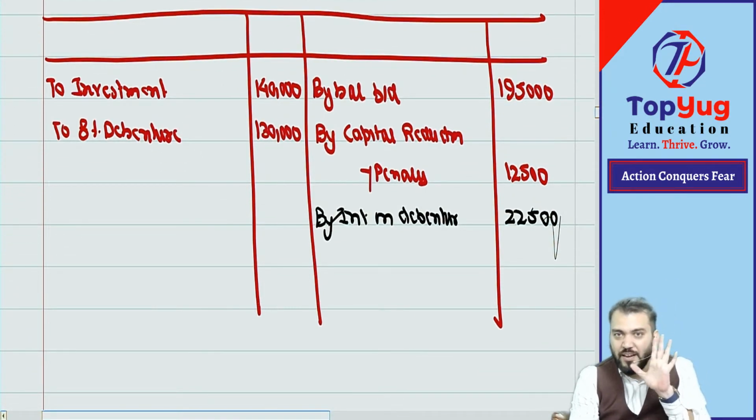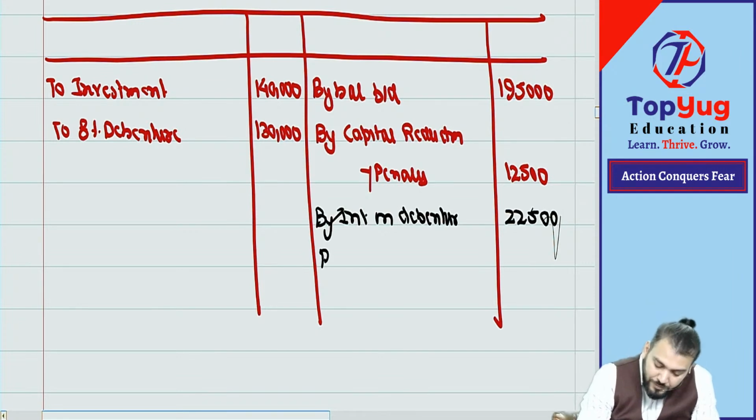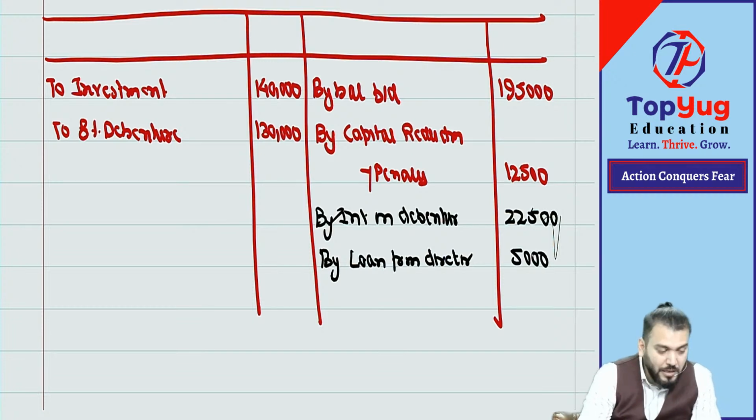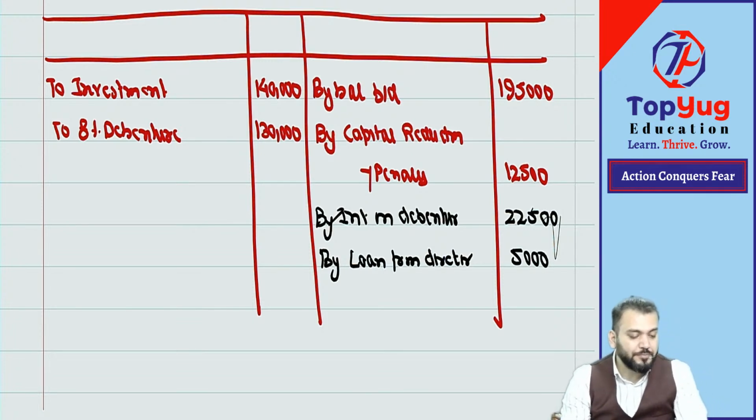It was also paid now, 5,000 paid, so by loan from director, 5,000. Any more payment or receipt? I think done. Can you give me the balance now?